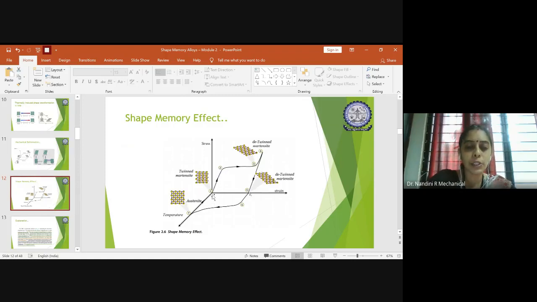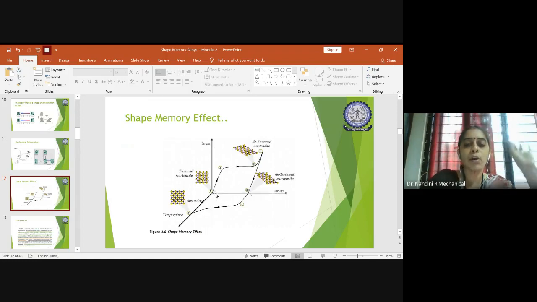So the hysteresis loop starts from the origin. Towards your x is the strain axis, towards your y is the stress axis, and towards your z shows the variation in temperature. So in the case of the hysteresis loop of shape memory alloys, you will have three axes: strain, stress, and temperature.